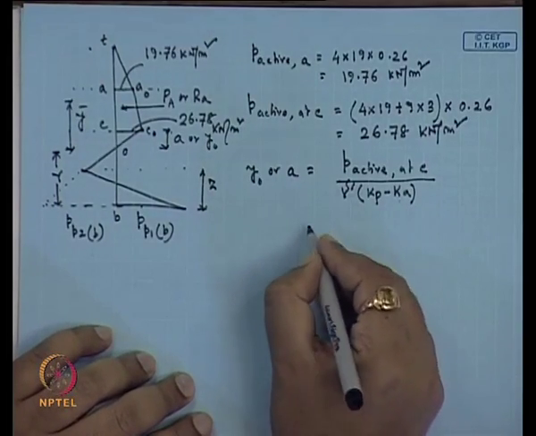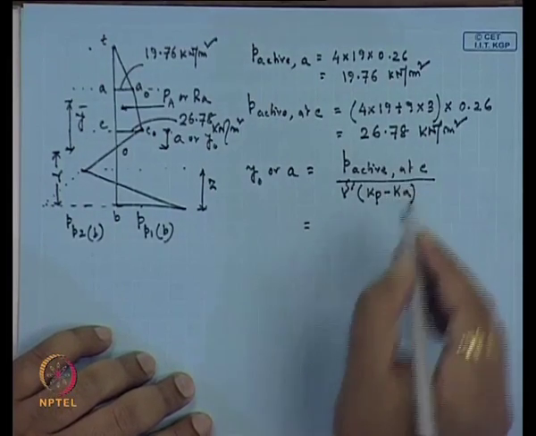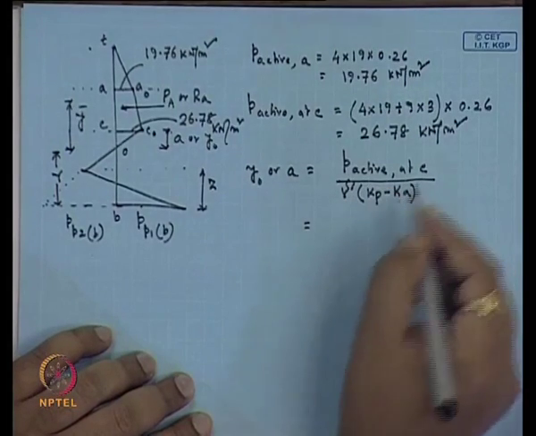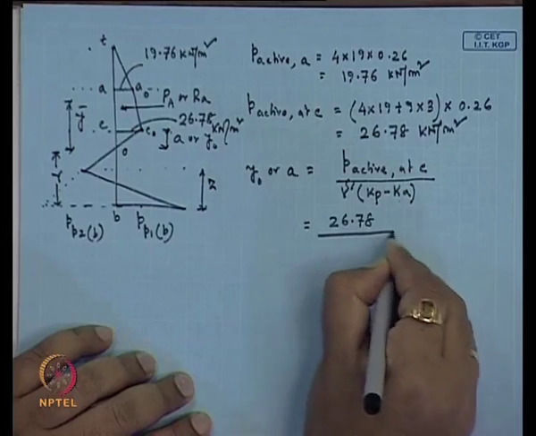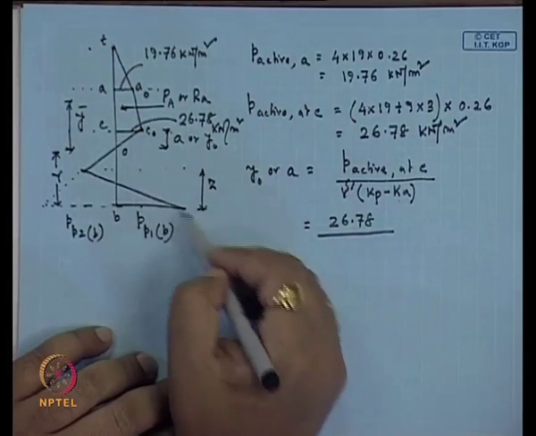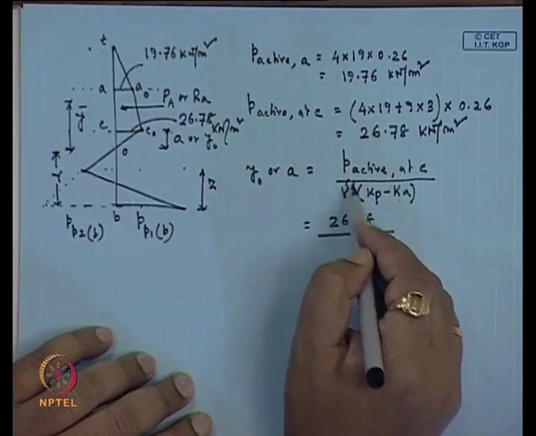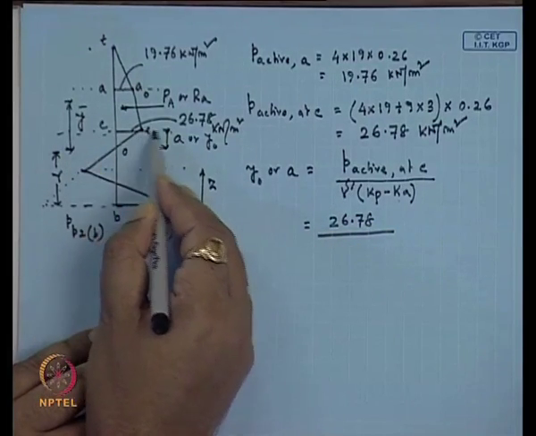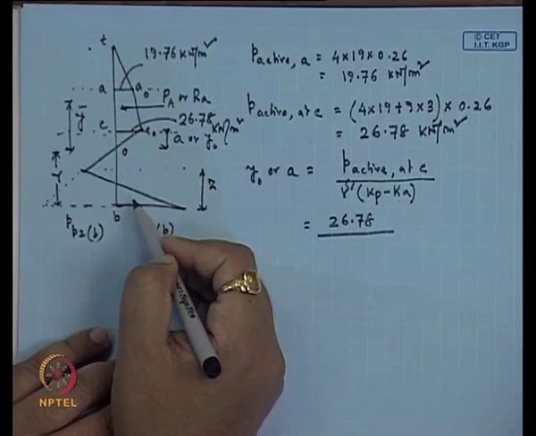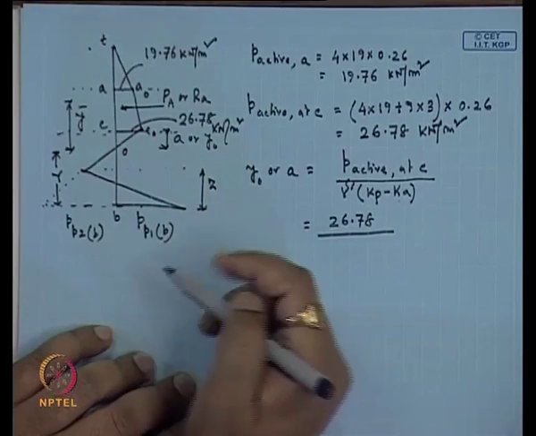Now, here the A value will be, because P active at C, the active pressure at C, is 26.78, then gamma dash, which is the lower portion, we are considering gamma below the dredge level, because this A or this A dash point is below the dredge level. So, here the gamma value is 9.